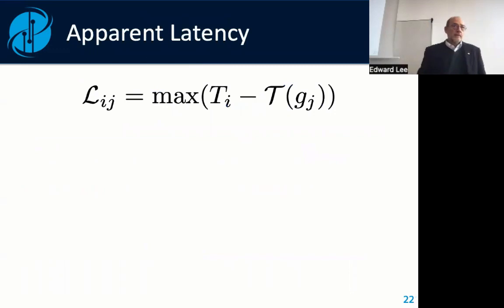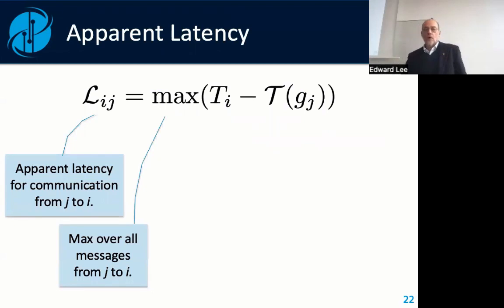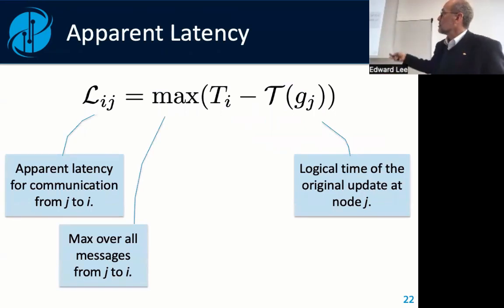The last quantity that I have to define is one that we call apparent latency. Apparent latency for a communication from node J to node I is the maximum over all messages that flow from J to I of a difference, again, between a physical time and a logical time.